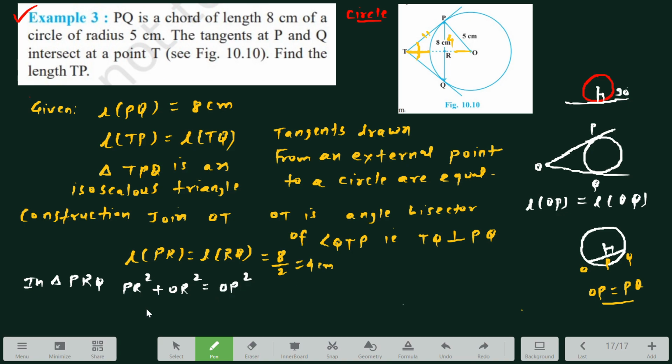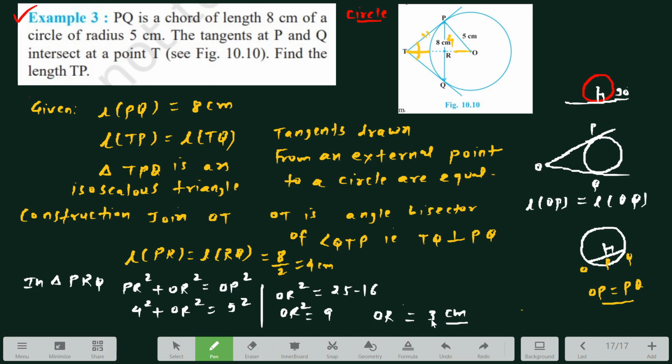So PR is 4 square, OR we have to find, and this is 5 square. So OR square is equal to 25 minus 16. So OR square is 9. So OR is equal to plus minus 3, but length cannot be negative. So we have to take the positive value. That is 3 centimeter.